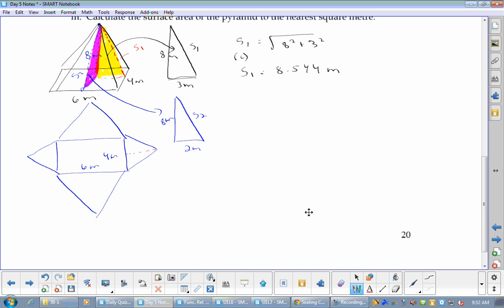So, let's do S2. S2 would be the square root of 8 squared plus 2 squared. So S2 would equal 8.246 meters.